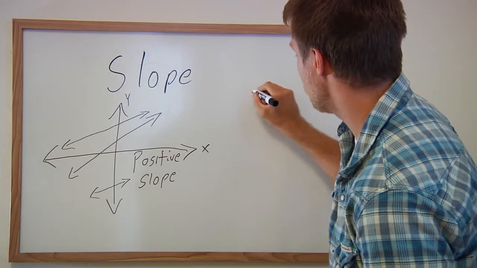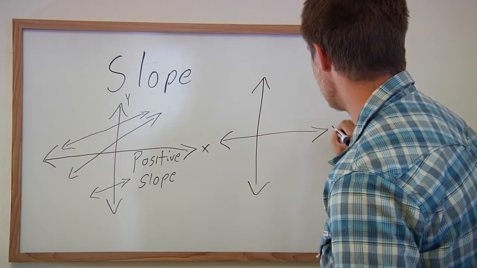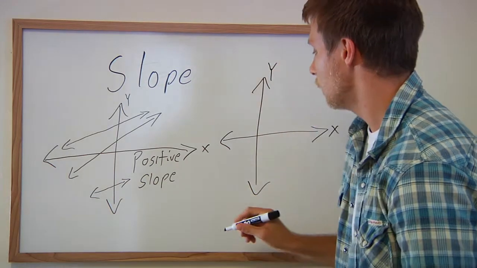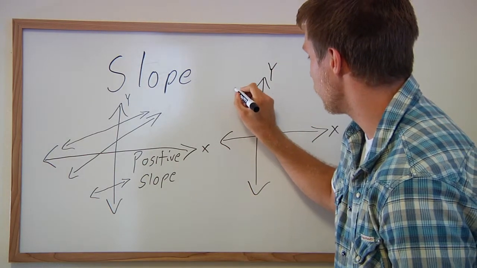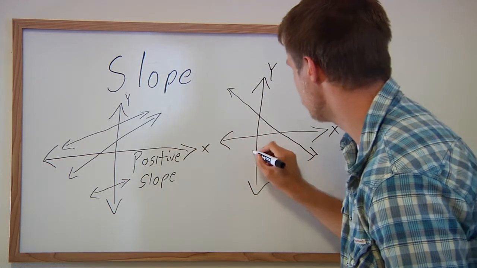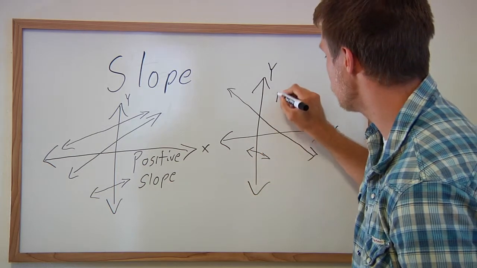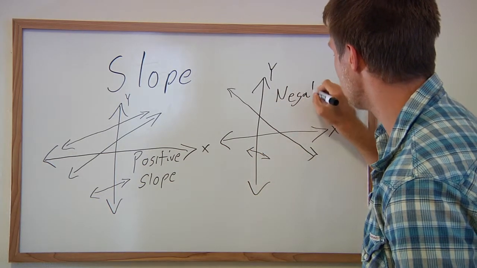Then if we look over here, we draw another easy x and y axis. We take a look at a line going from up high and going all the way down, even a slighter, less incline going down. This would be our negative slope.